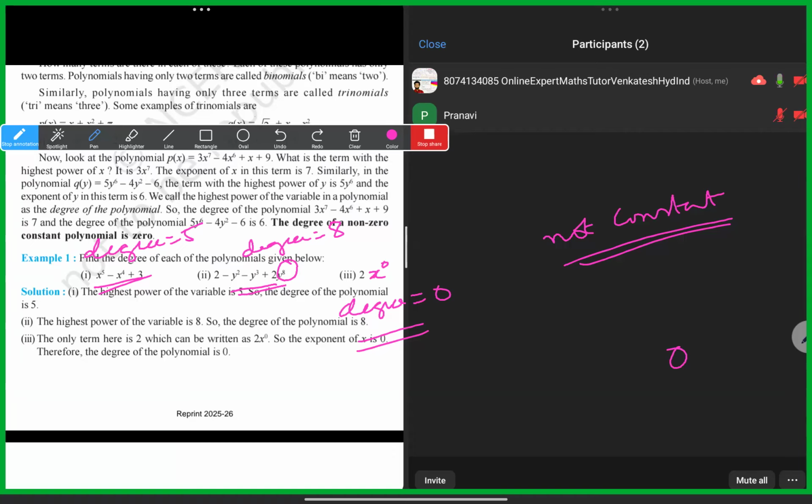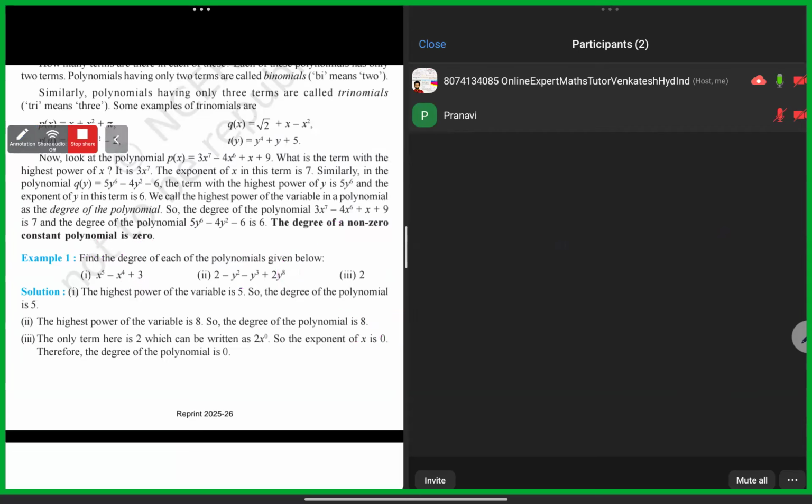A constant polynomial means any number other than 0. Because if the number itself is 0, even if you write x power 1000 there, it still comes under the zero polynomial, but not a constant polynomial. So a constant polynomial should be a non-zero constant.